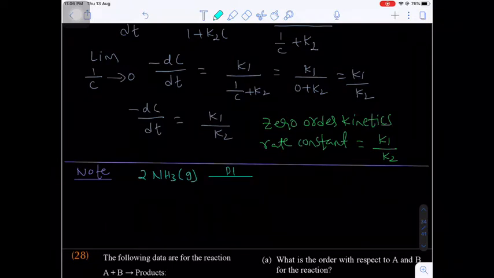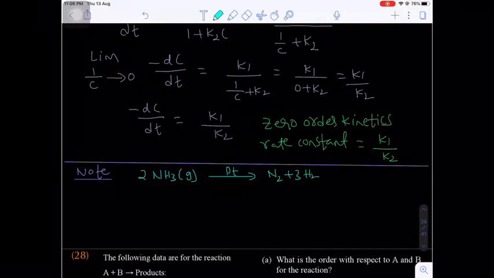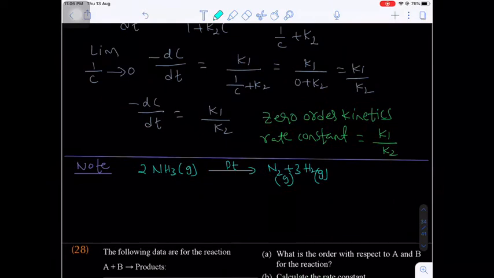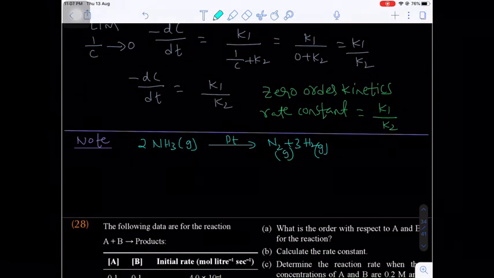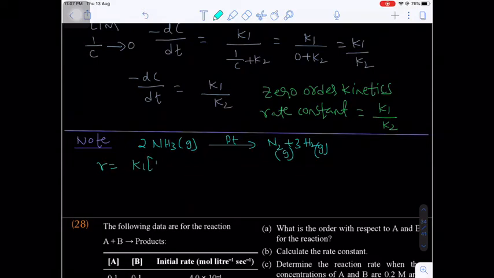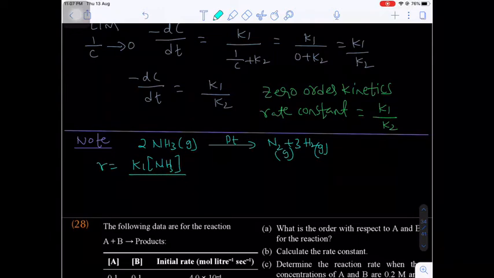Ammonia decomposes on the surface of a metal, platinum, into dinitrogen and dihydrogen gases. For this reaction, what is the rate expression? The rate R is equal to K times the ammonia concentration divided by 1 plus K2 times the ammonia concentration. Remember, this rate law expression is always experimentally determined.